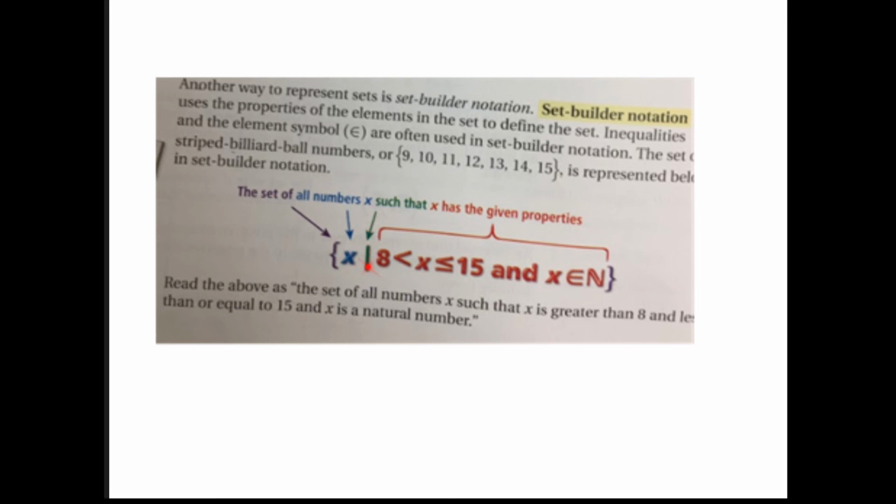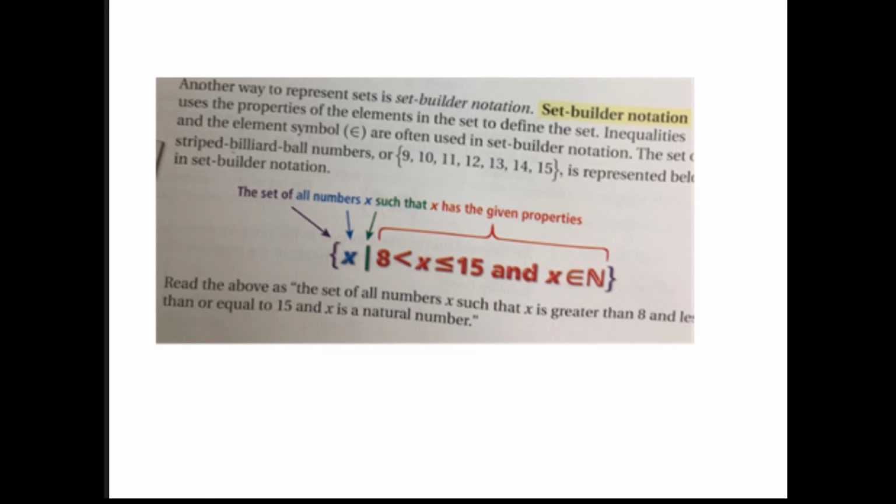This little line just means such that. And then this is whatever property it's asking you to use. So here it says 8 is less than x is less than or equal to 15. So we don't include the 8, we include the 15. And it says x is part of the natural numbers, meaning there aren't going to be any decimals or fractions.